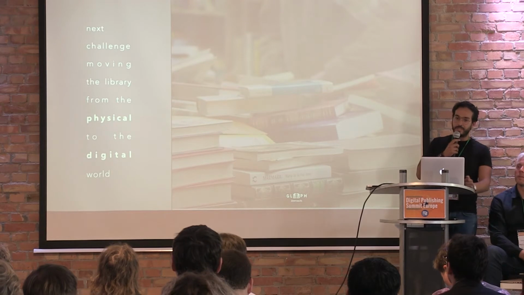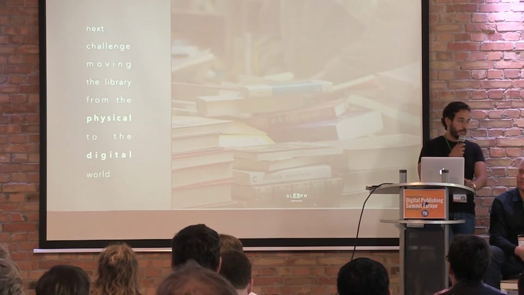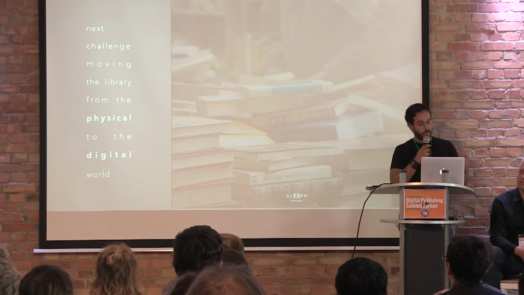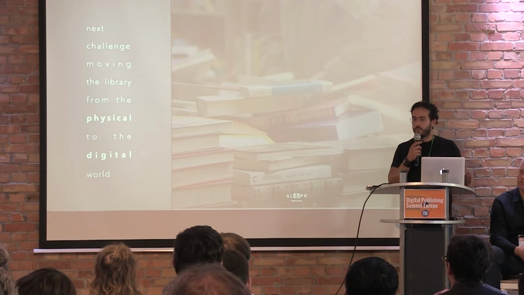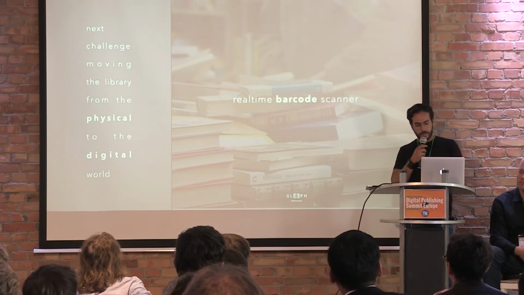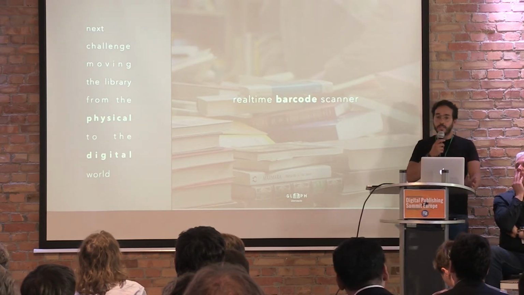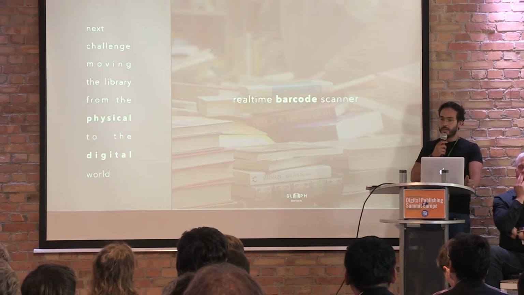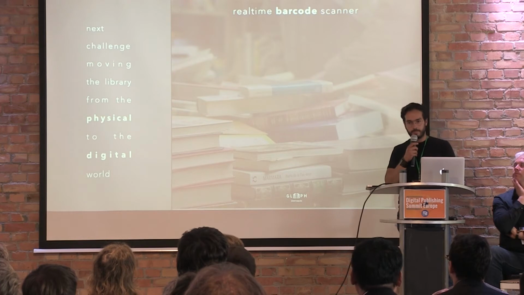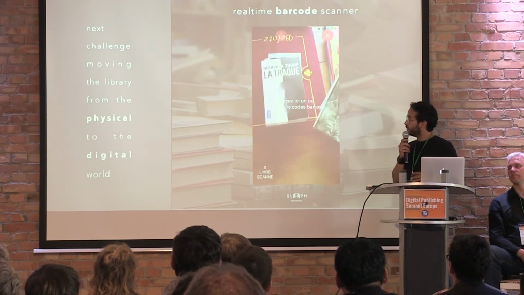But the next challenge is that we're working on paper books, because they are 90% of the market now. So the challenge is to move the library from the physical world to the digital world. How do we do that? You all know the barcode scanner. We try to enhance it into a real-time barcode scanner with some gaming experience. This is the first version, which is running now.